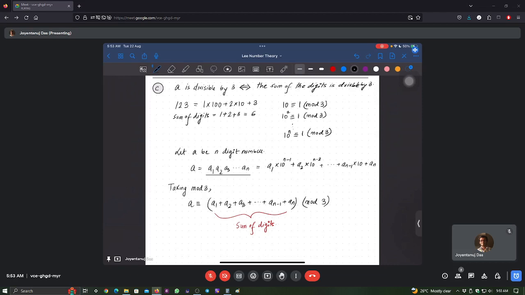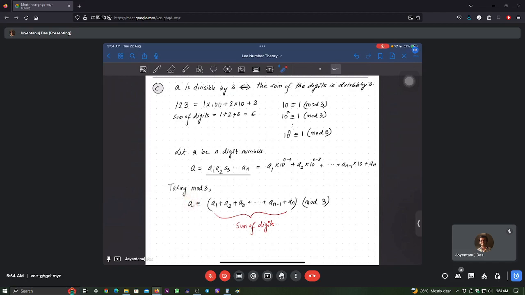What I have shown till now is that A is congruent to a1 plus a2 up to an modulo 3, right? Suppose we assume first that A is divisible by 3. Then the left hand side becomes 0.